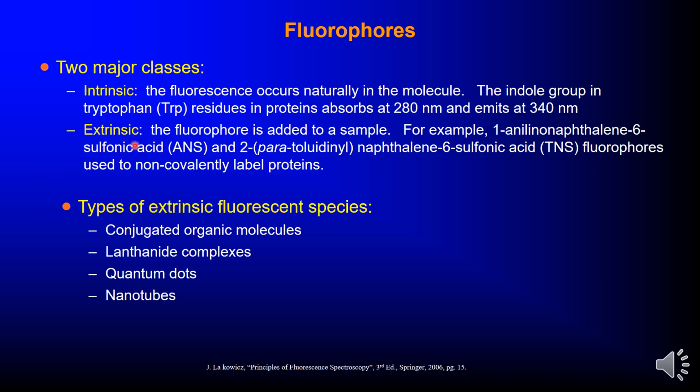Then extrinsic, where the fluorophore is added to a sample. For example, 1-anilinonaphthalene-6-sulfonic acid and 2-p-toluidinylnaphthalene-6-sulfonic acid, fluorophores used to non-covalently label proteins.